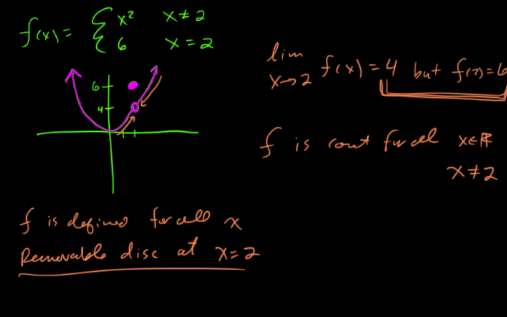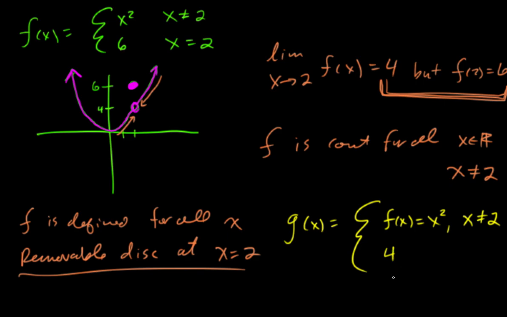Now, if we define a new function, if we define g of x and say that f of x is equal to x squared, but not at 2, and then we say it's defined as 4 for x equals 2, basically what we're doing is we're moving this down and we're filling in that hole.